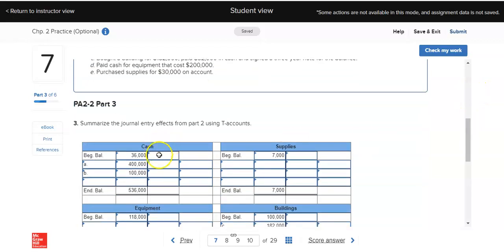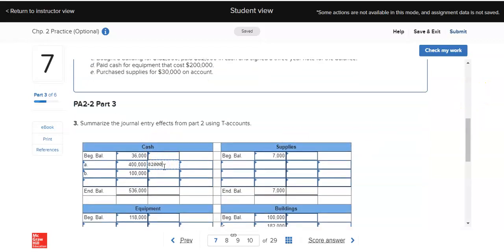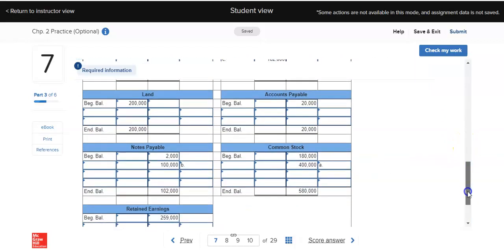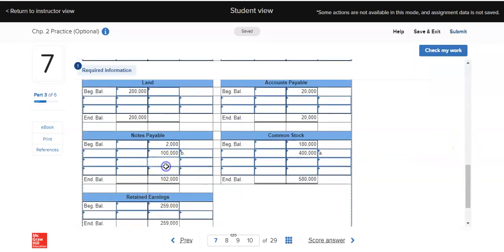Now when I go to post the credit to cash, I'm not going to use this very first line. That's reserved for the beginning balance. Credit to cash and a credit to notes payable, $100,000. Transaction C.